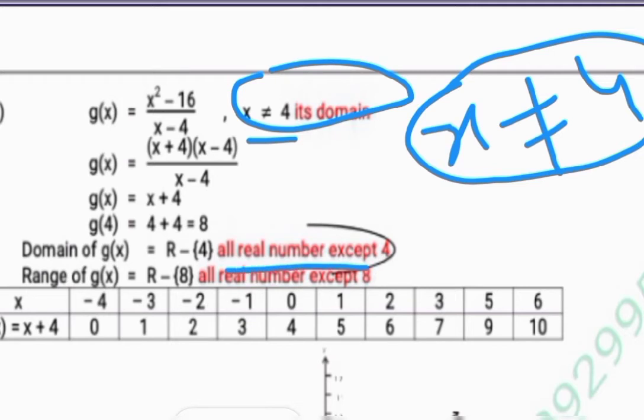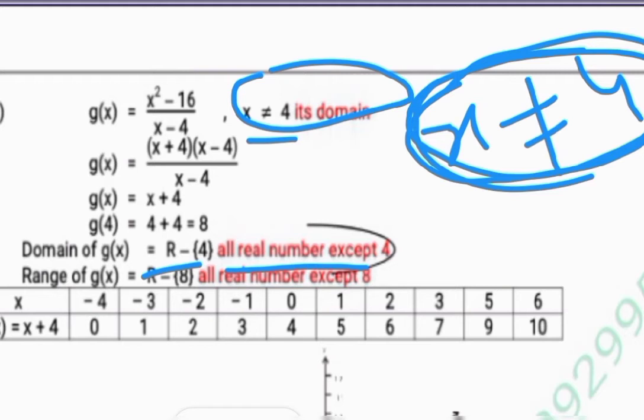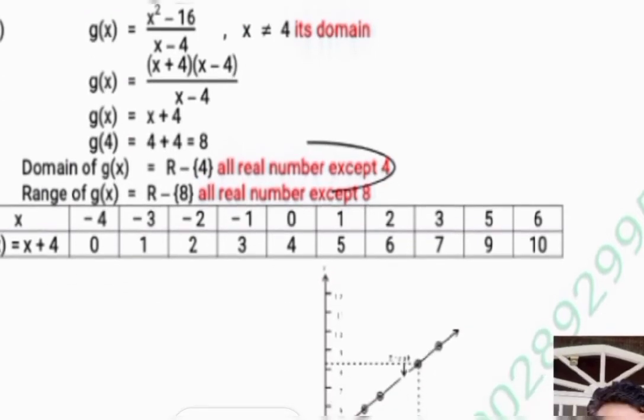I have written in red that all real numbers except 4, because x is not equal to 4 is the domain, so we have to subtract this from the real number set, that is R minus {4} in this curly bracket. All real numbers except 4, as x is not equal to 4 is the domain, so we have written the domain.